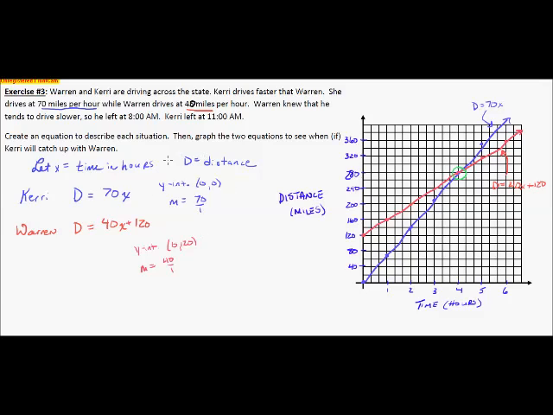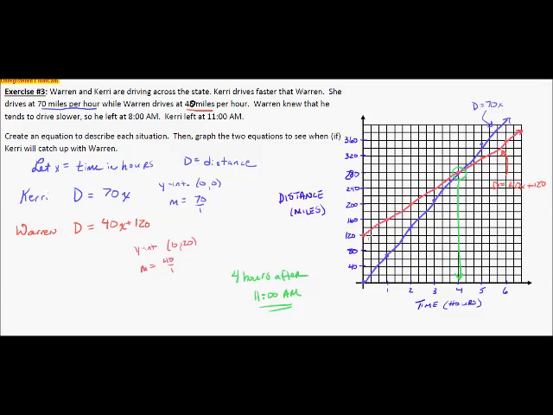And so when, or if, is Carrie going to catch up with Warren? Well, if I go right where they intersect and go straight down, that is going to be 4 hours. Okay, so 4 hours after, and make sure you get this right, after 11 a.m. Okay, because we're looking at after 11 a.m. here.